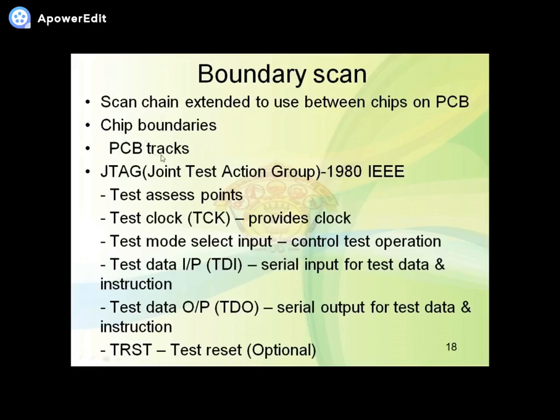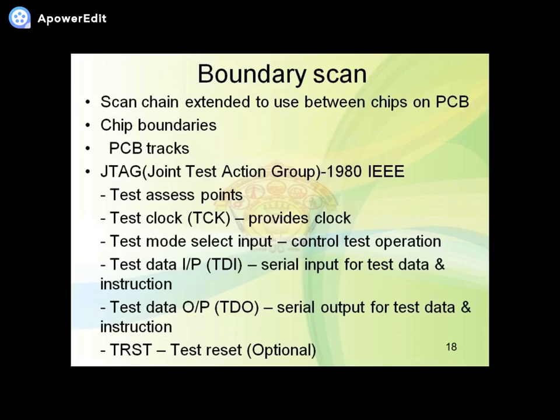On each pin or on an output of the pin, there will be scan chain flip-flops. So at each PCB's external pins, there will be scan chain flip-flops. Now we want to test that PCB.